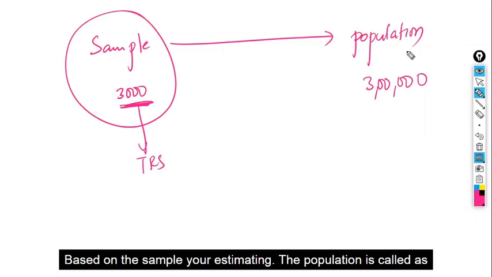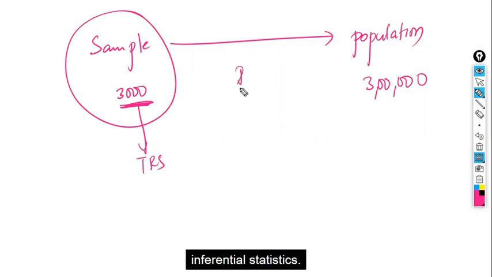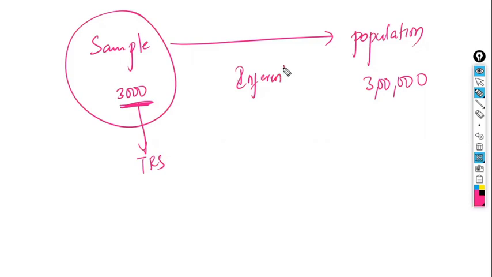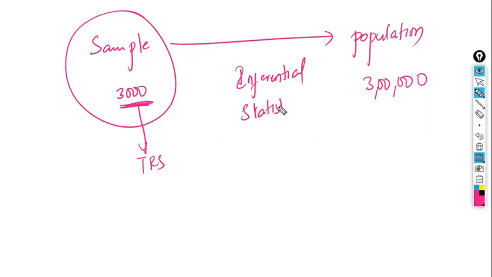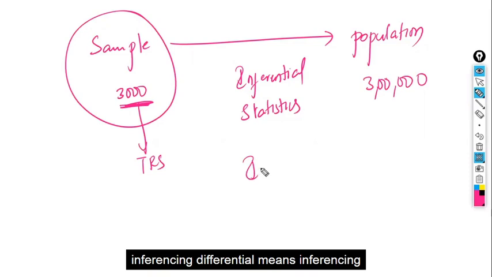Based on the sample, estimating the population is called inferential statistics. Inferential means inferencing, and inferencing means nothing but estimating.